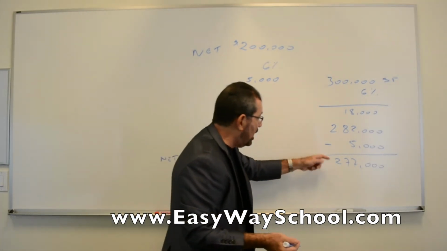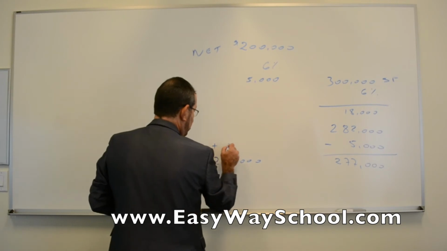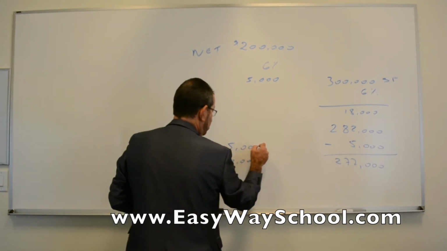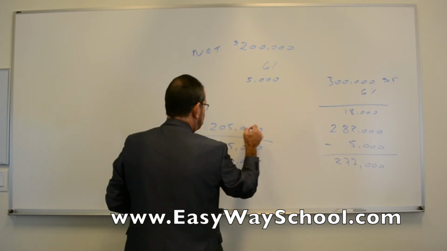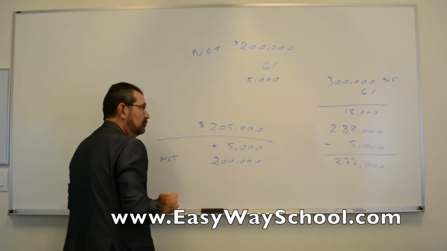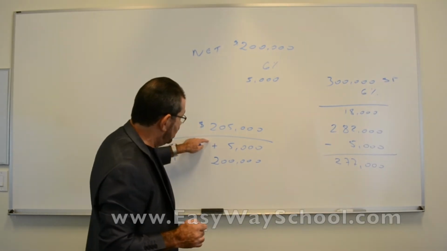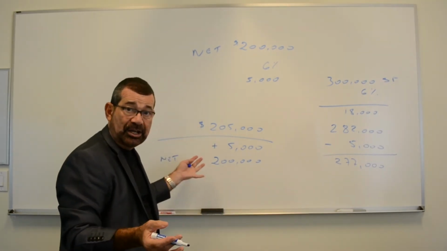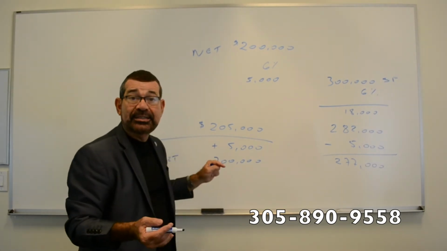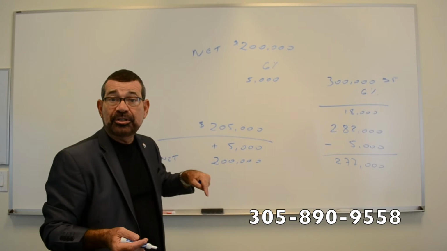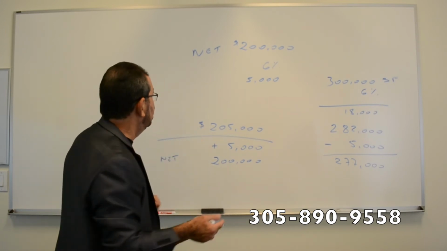If I subtract to get the net, then I'm going to add $5,000 here, and I'm going to get $205,000. Because after we subtract $5,000, the seller will get the $200,000. So to get to my sales price, I add to the net $5,000, which is the closing cost.